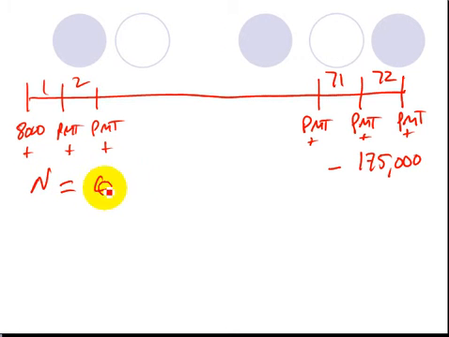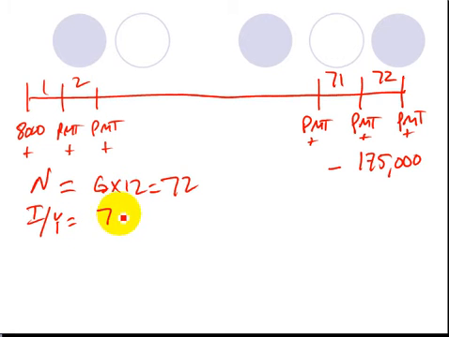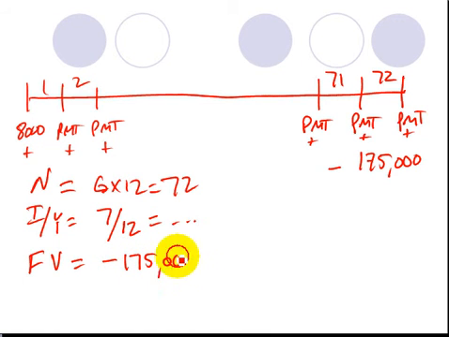N is going to be 6 times 12, which is 72 periods. The interest rate is going to be 7 divided by 12, and we'll just calculate that in a second. But notice it's 7 divided by 12, not 7% divided by 12. The future value, we've decided that's a negative number, so negative 175,000.